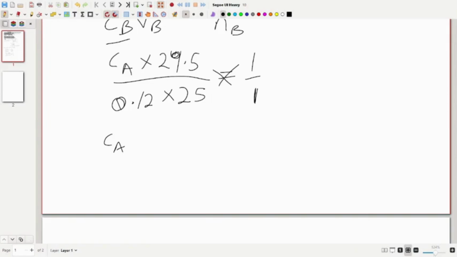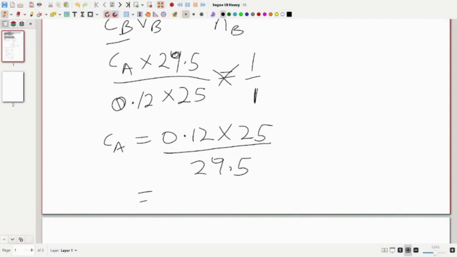we'll be left with Ca equals 0.12 times 25 divided by 29.5.